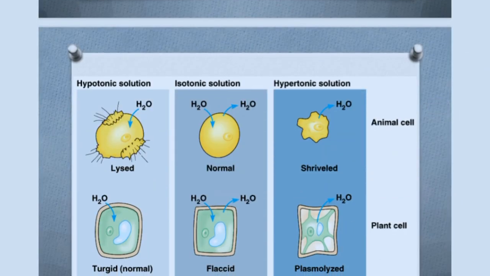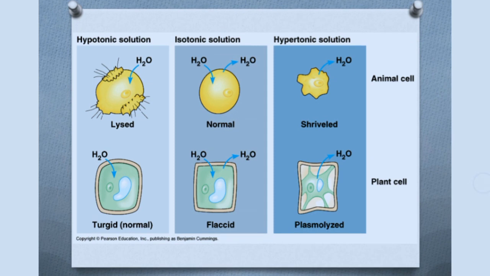While studying the effects of different solutions on plant and animal cells, three conditions may arise depending upon the tonicity of the solutions. So three types of solutions are there: hypotonic solution, isotonic solution and hypertonic solution.